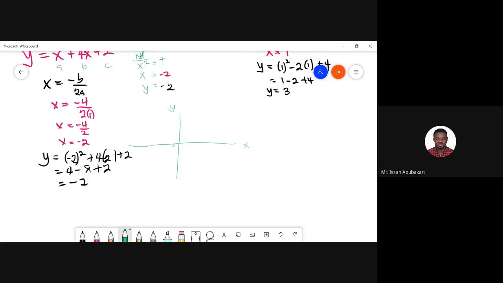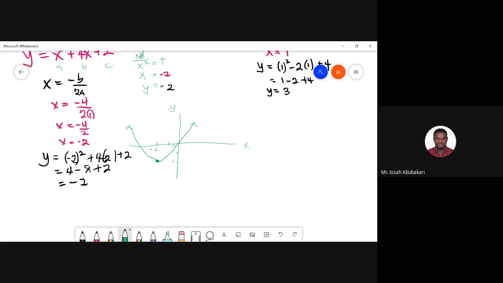So negative 2 for x is minus 2, right? And negative 2 for y is minus 1, minus 2, minus 2 here. So at the end, they will meet somewhere here, right? And if they meet here, what is the sign for x squared? X squared is what? Positive. And if it is positive, it's in the form of U shape. So we're going to draw our U shape like this.